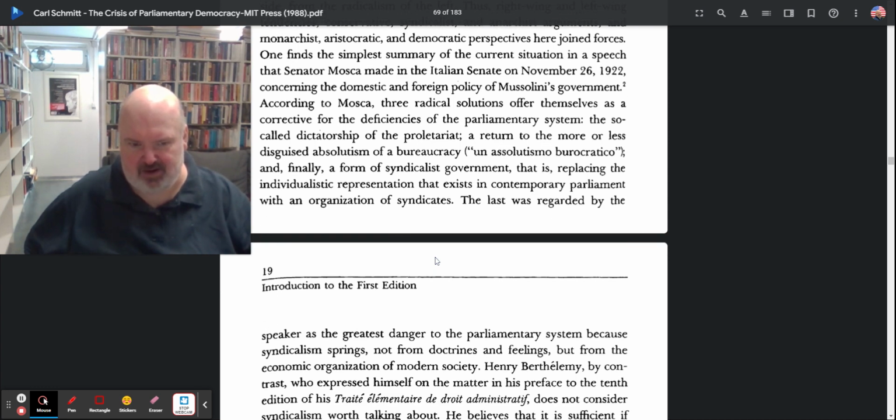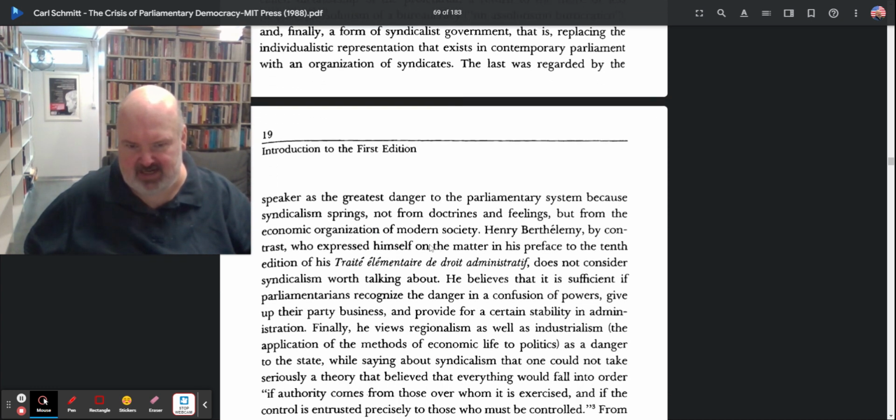The last was regarded by the speaker as the greatest danger to the parliamentary system because syndicalism springs not from doctrines and feelings, but from the economic organization of modern society.